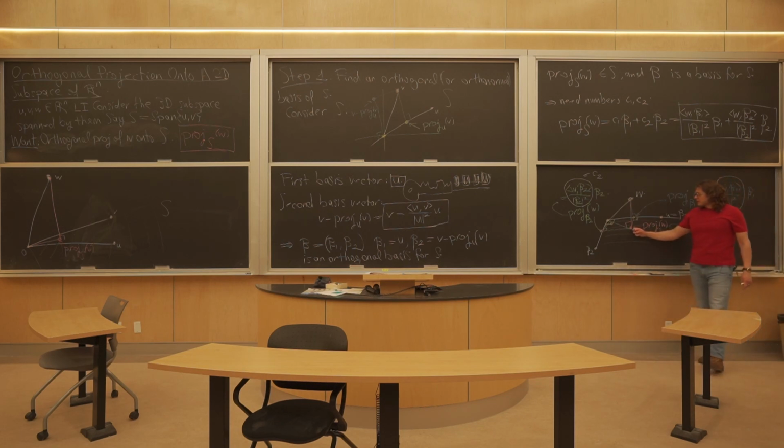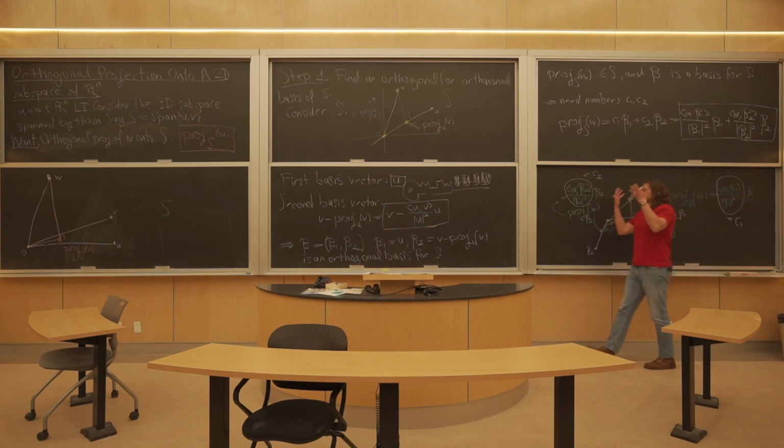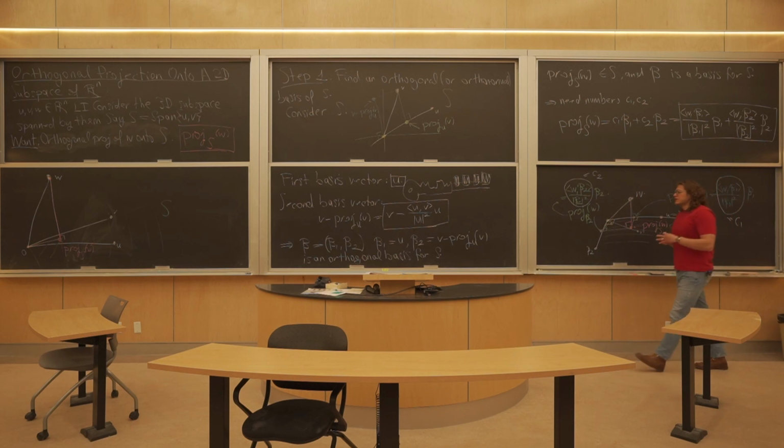And of course, as you can imagine, once I have this orthogonal projection, I can again look at what is left, right? I can look at the difference between W and this projection. And that would be orthogonal to S. So if I wanted, I could keep iterating this idea to keep building orthogonal bases of larger and larger spaces. Okay, so let me write that as well, perhaps.